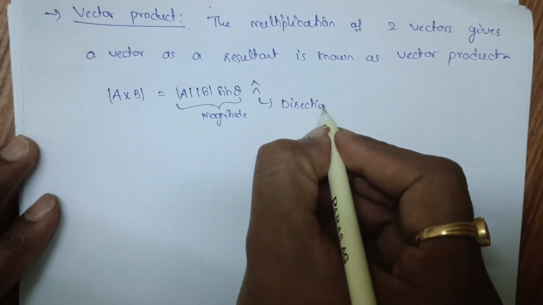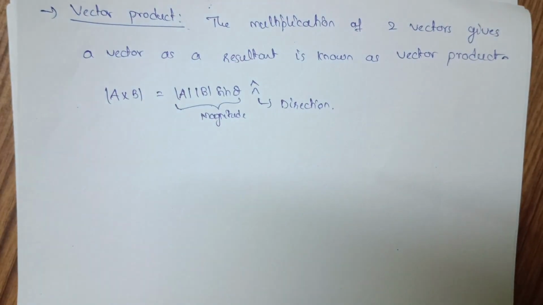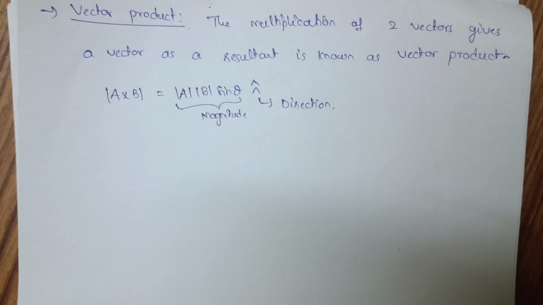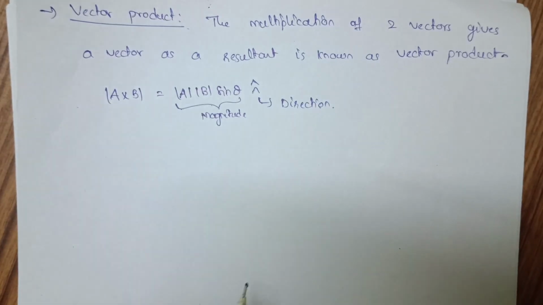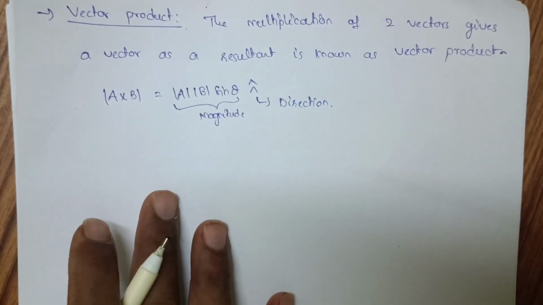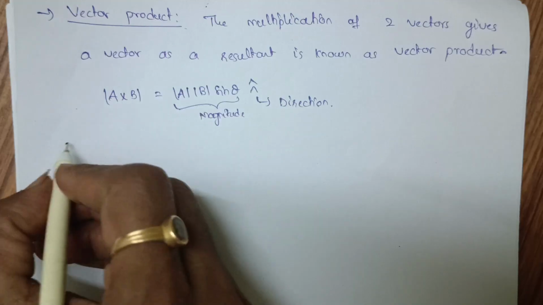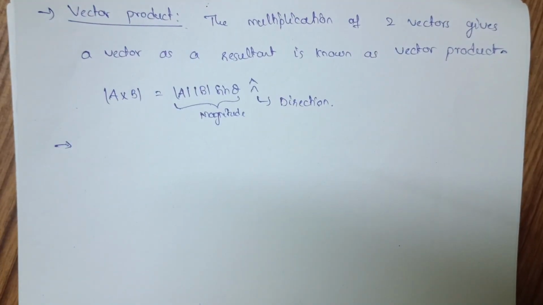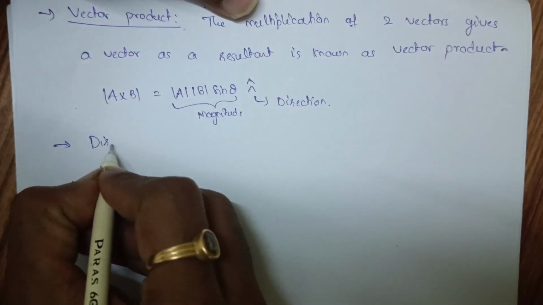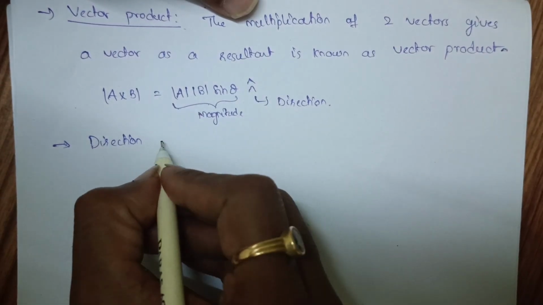As we have seen in our previous class, the unit vector helps us to find the direction, but it does not change the magnitude of the quantity. Now, next point is cross product direction finding.